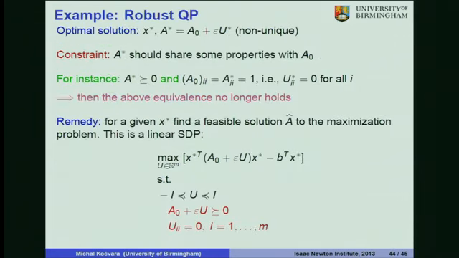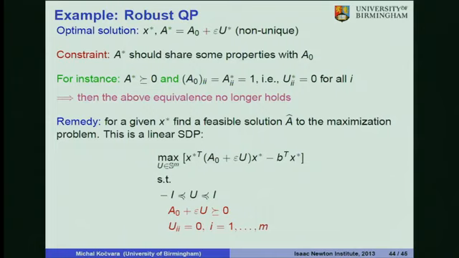And okay, what can we do? Well, again, it's an academic problem, so just a proposal. What we can do, we can take the given X star and we can find a feasible matrix A hat, which is feasible in this new constraint. A feasible matrix for the maximization problem. And that's a linear SDP. So we solve the maximization problem from the robust counterpart. That's the original constraint.